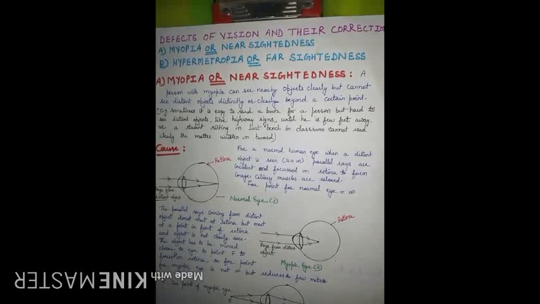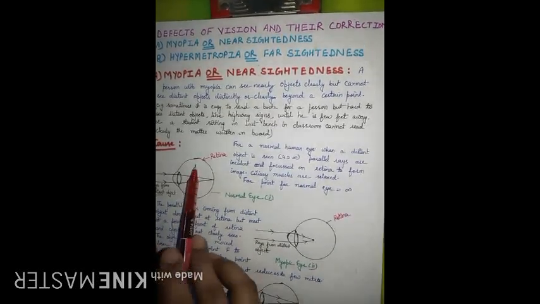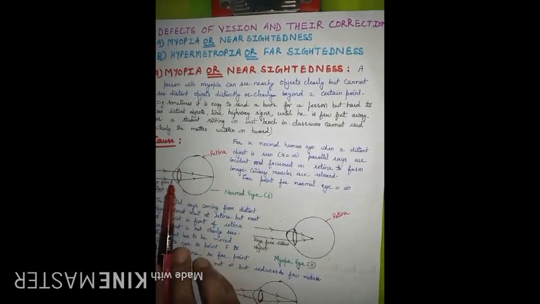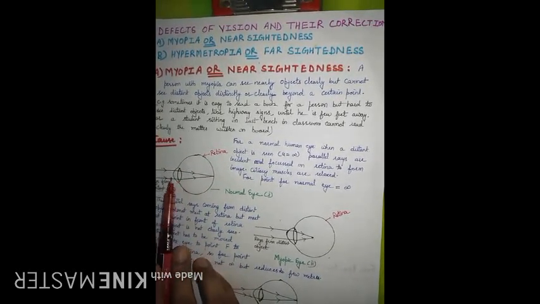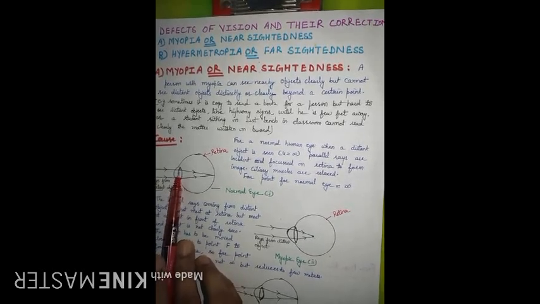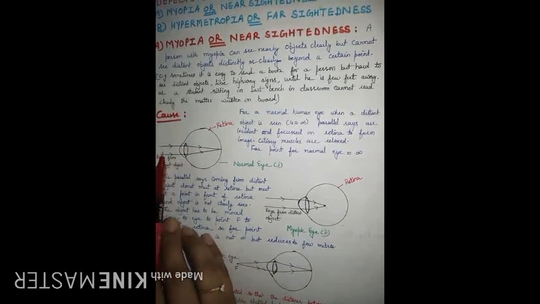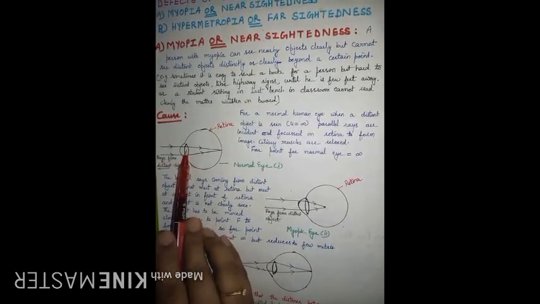Let us consider this. This is a diagram for a normal human eye, where I have shown you the retina and lens. Let us consider this is the diagram when the person is going to see an object that is at a distance from the eye.